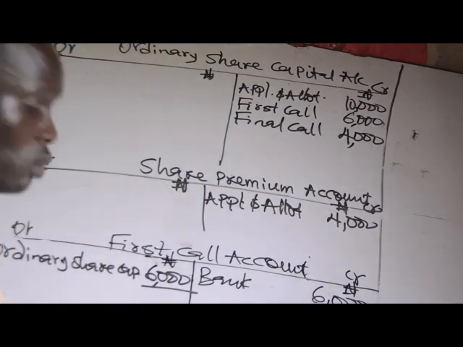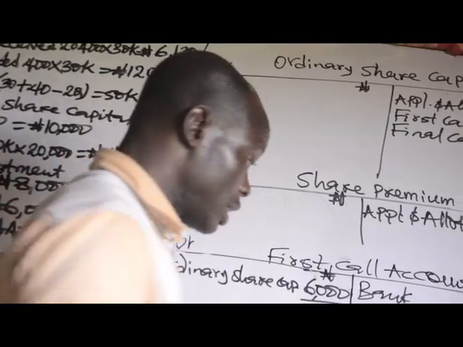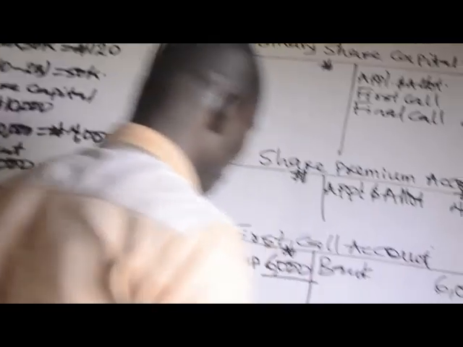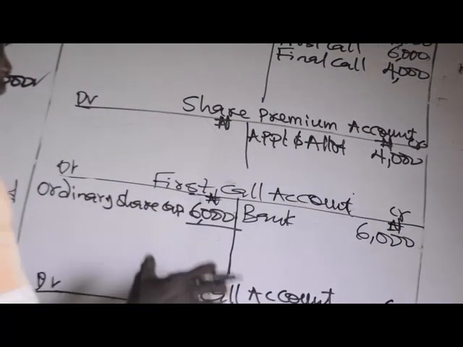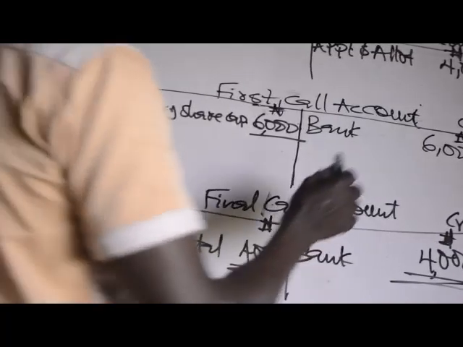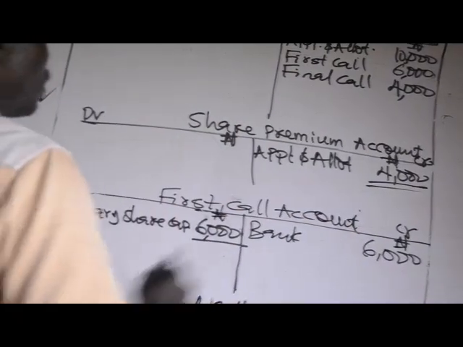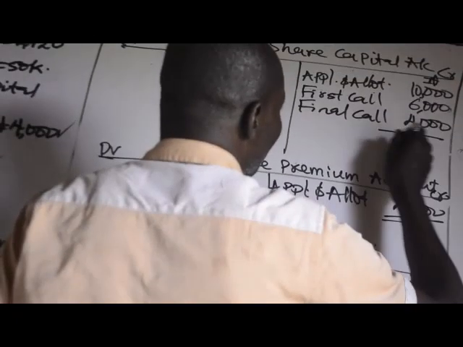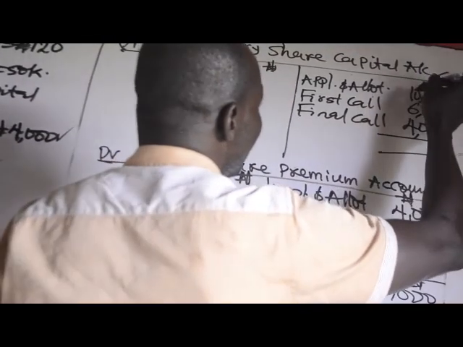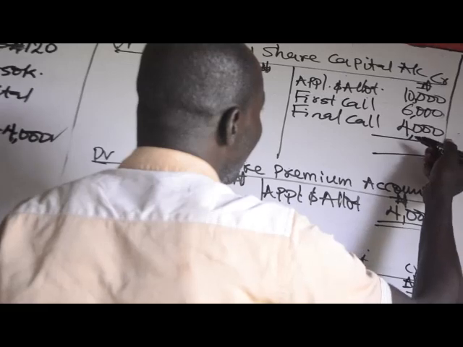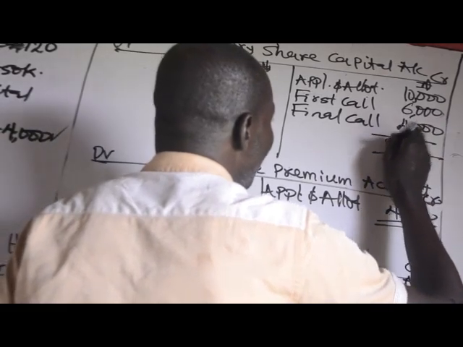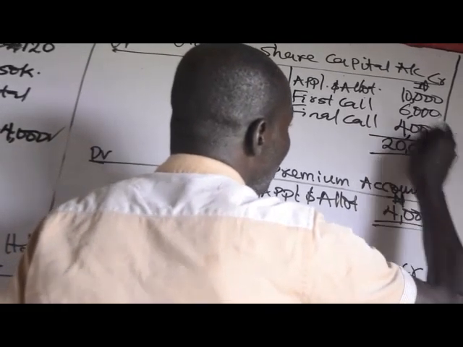So finally, we balance the ledgers. The first call and the final calls are self-balancing ledgers. So you have 4,000. When you sum up these, your ordinary shares, 10,000 plus 6,000, that is 16,000, plus 4,000, we have 20,000.